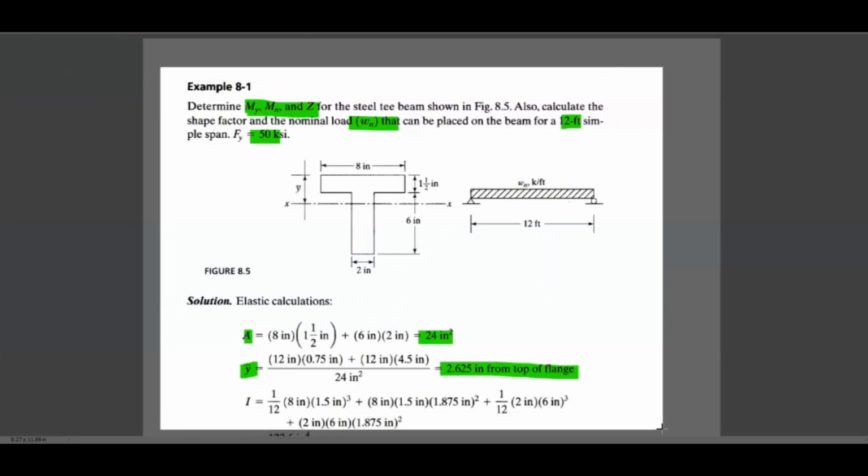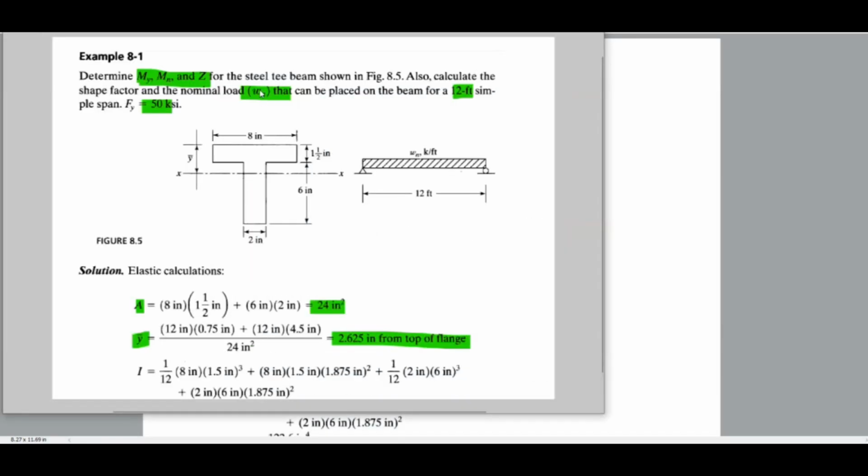Here we can see the modulus of a structural T beam. Also calculate the shape factor and the nominal load that can be placed on the beam. Simple span, 50 ksi, elastic section, elastic calculations.